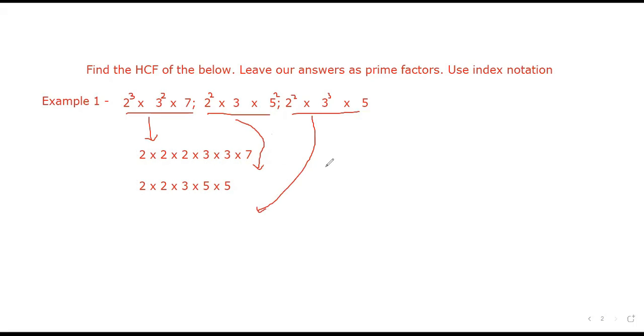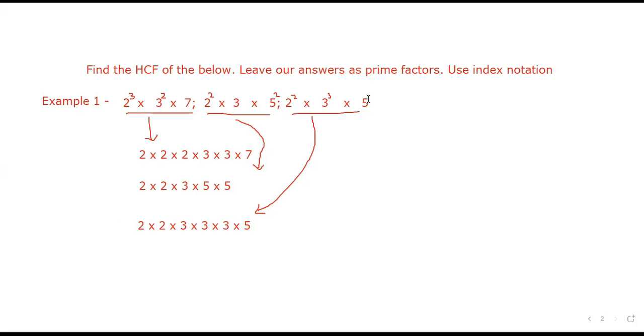Let me put the arrow properly, and that one goes this way. It says 2 power 2 times 3 times 3 times 3. That's 3 3s, and times 5.